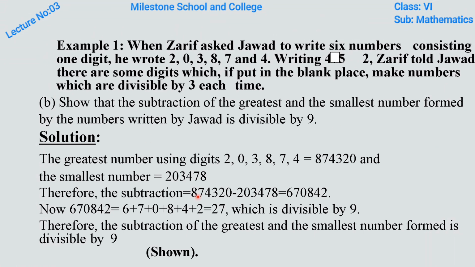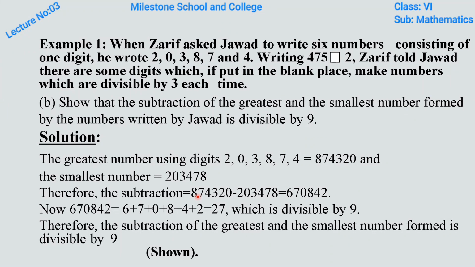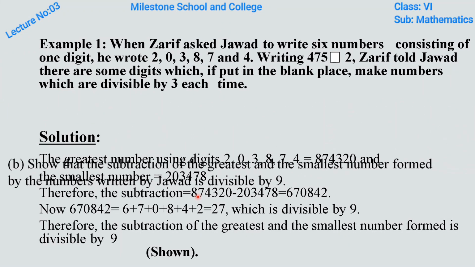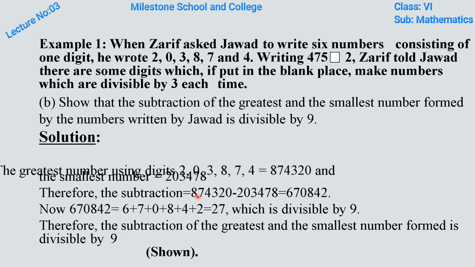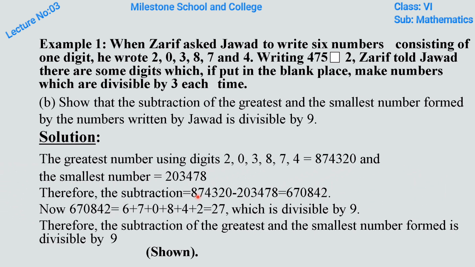Now, my dear students, this is example number 1, and already we have solved question number B. You can see, show that the subtraction of the greatest and the smallest number formed by the numbers written by Jawad is divisible by 9. And the solution we have already seen. The greatest number using the digits is 874320, and the smallest number is 203478.